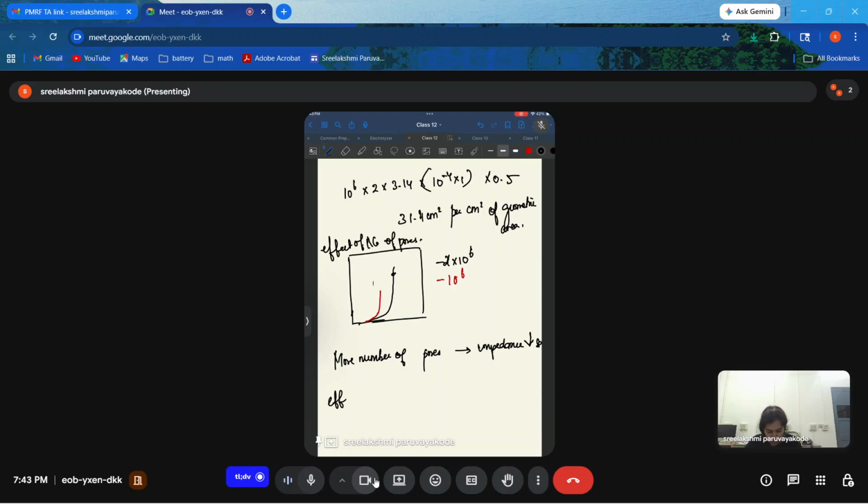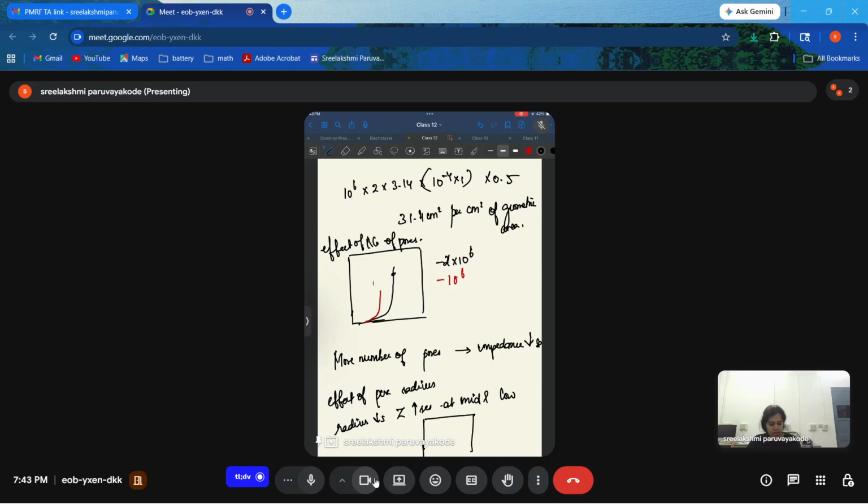Now the effect of pore radius. When the radius is decreasing, impedance increases at mid and low frequency.